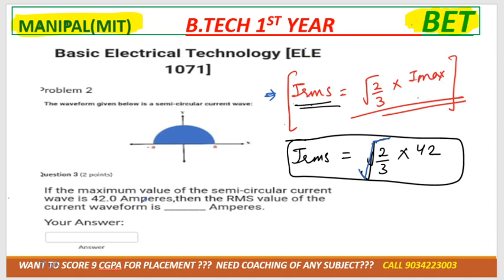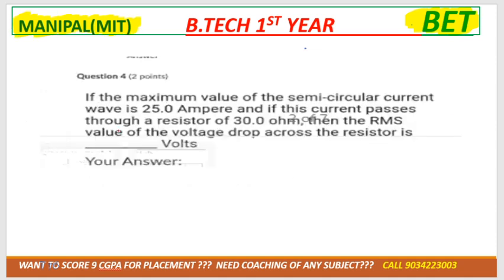Now the next question, question number 4: if the maximum value of the semicircular current is 25 ampere, from this maximum value we can get the RMS value, right? By using the formula root 2 by 3 multiplied by the maximum value, that is 25. So here we got the RMS value.